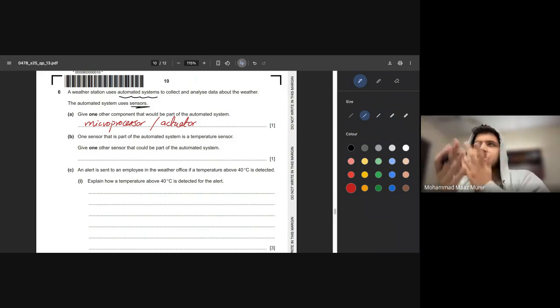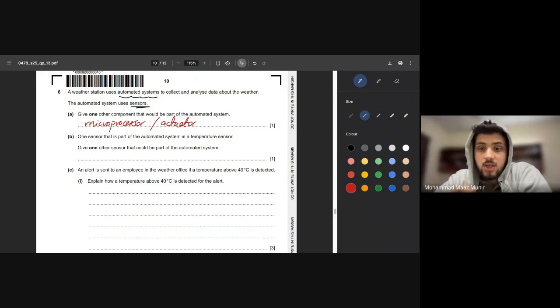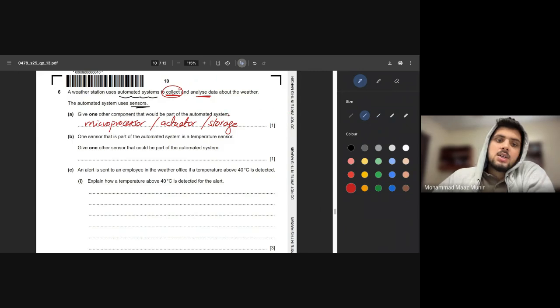Or what if there is a specific component which can rotate here and there to see in what direction the wind is going? Because it can rotate and has some sort of mechanical power to it, an actuator will be required here. And just like that, it is saying to collect and analyze data, so because it is going to collect data, you can also talk about a storage part. So you can say storage or memory. You're going to get 1 mark for writing any of these 3 points.